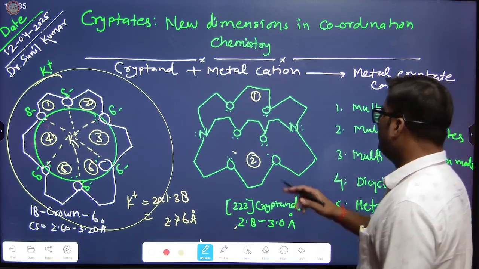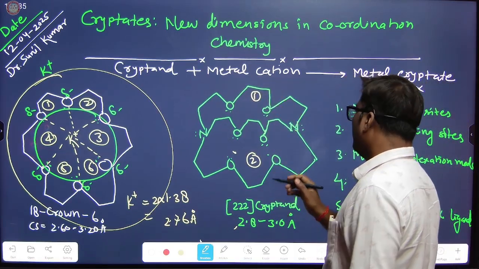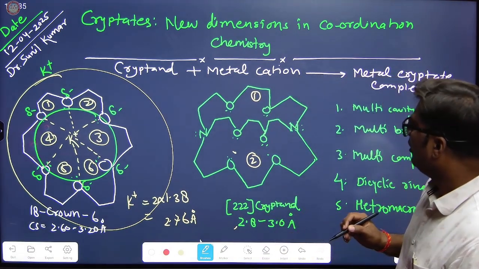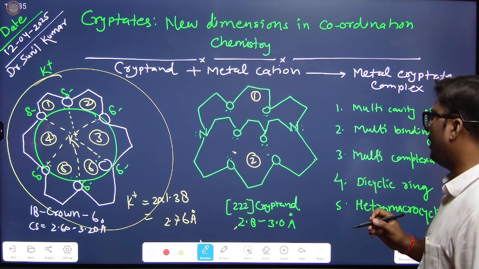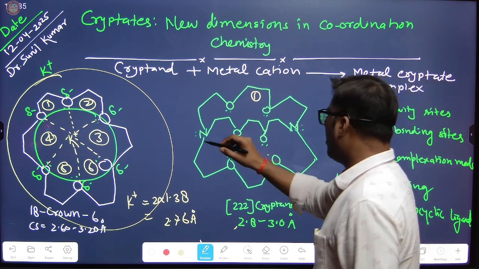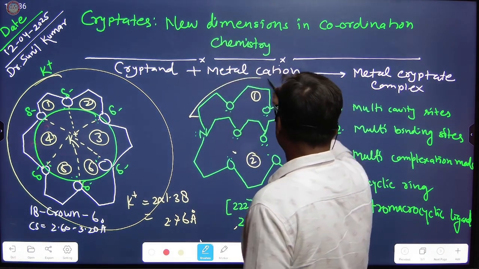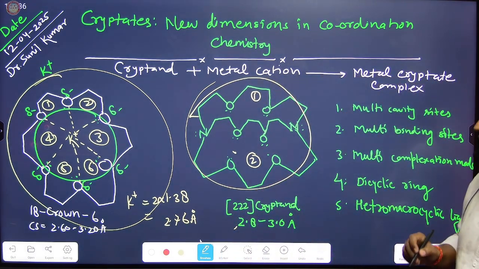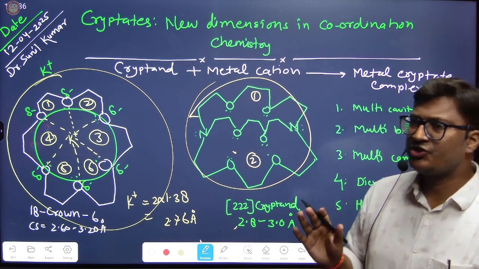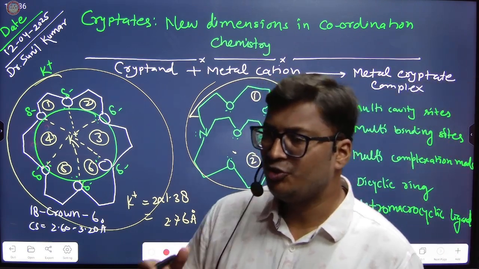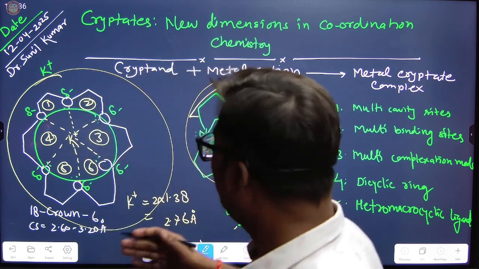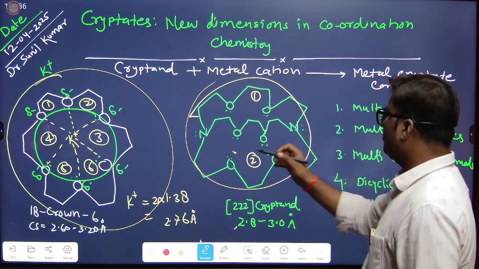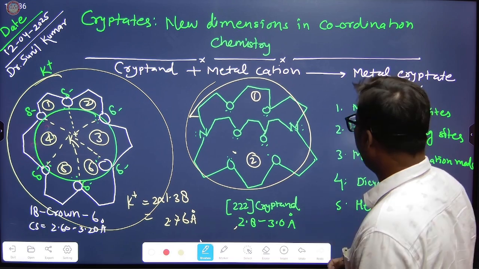Similarly, in this structure also, in the interior part there are hydrophilic cavities, and in the exterior part there is a hydrophobic environment, due to the presence of methylene groups in the ring. So this is the similarity between crown ethers and cryptand.